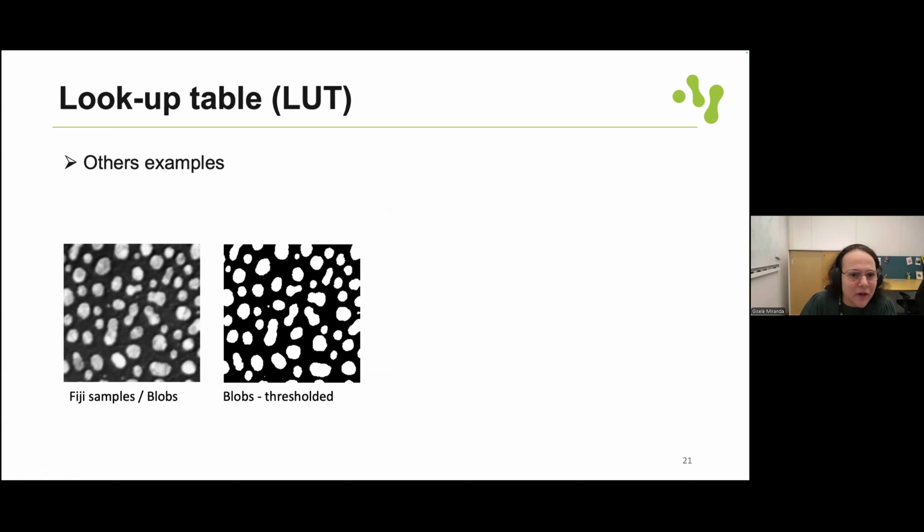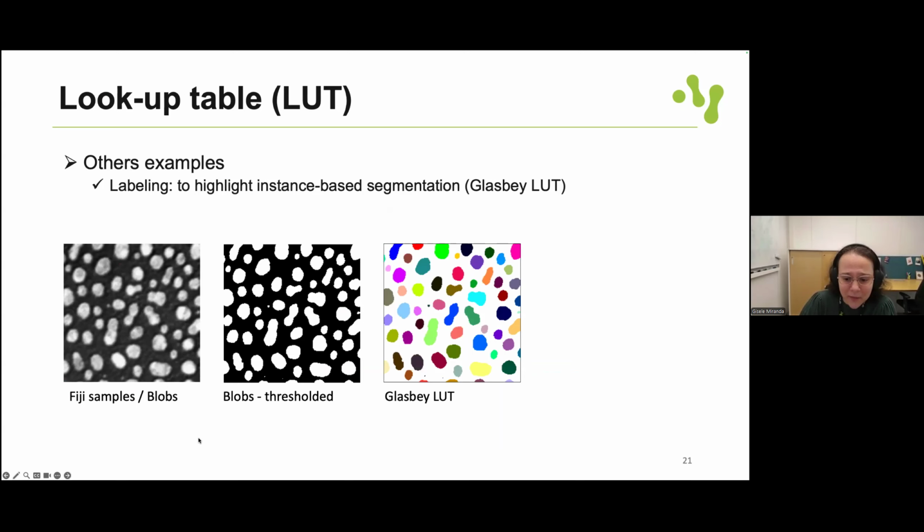Examples of common lookup tables: for labeling elements, we use one in Fiji, if you're familiar with Fiji, which can give a specific label to each component of the image. And this, of course, helps to identify individual components, especially if they are clustered together.